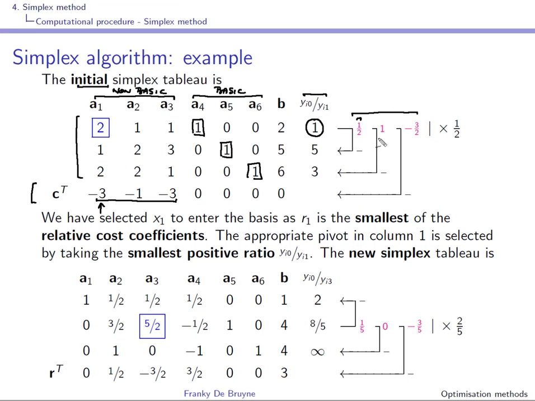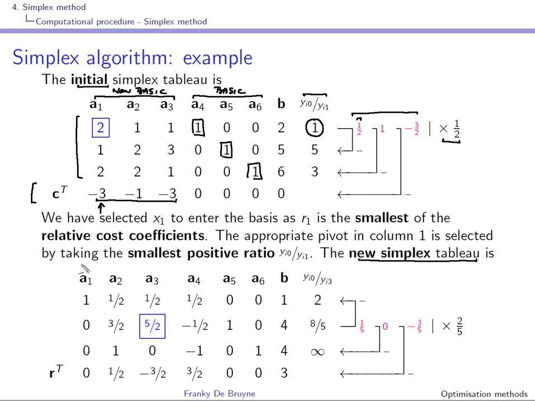And the two other elementary operations are given over here, and we'll have to multiply the first line by a half so that we obtain a pivot that is 1. If we do this, this is the second tableau, the new simplex tableau that is obtained.